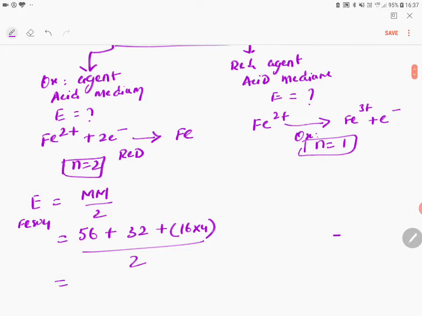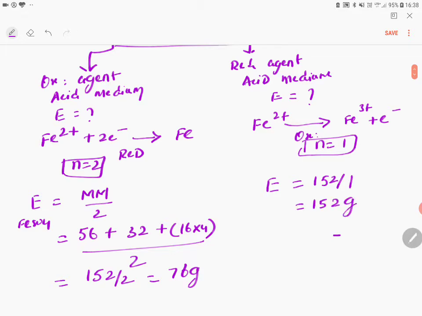If you simplify this, you will get 152 by 2, which is 76 grams. Coming to this side, as a reducing agent, n factor is equal to 1. Molar mass we have already calculated, so this is 152 divided by 1, which is 152 grams.